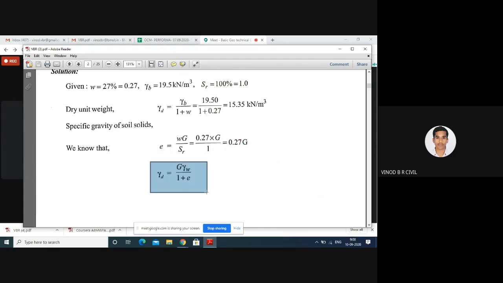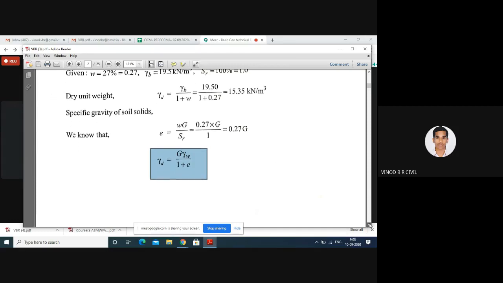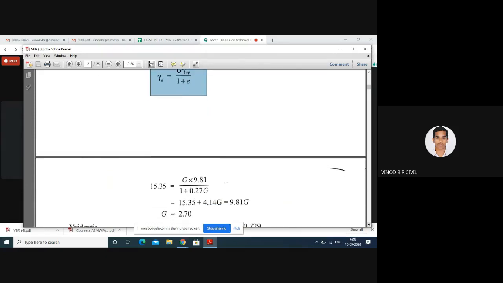Again, gamma D is equal to G into gamma W divided by 1 plus e. I am using this mathematical expression. Therefore gamma D is equal to 15.35. The specific gravity G is not given in the problem. Unit weight of water is 9.81, 1 is the constant value, and 0.27 G is the e value.